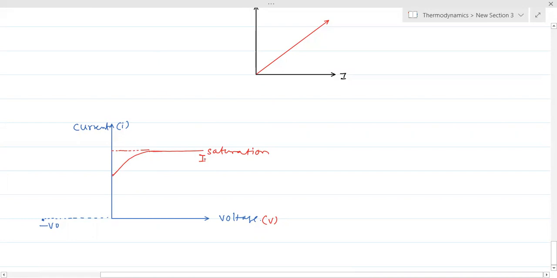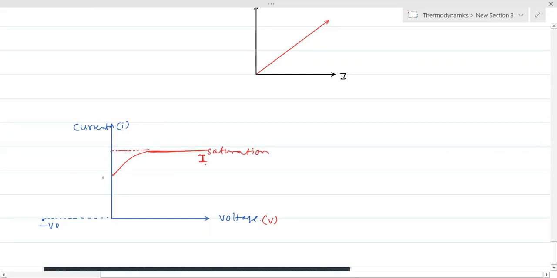We need to understand that for a particular frequency, the photocurrent remains constant. In the beginning we have some lapses, but at the end the photocurrent remains constant as long as you keep the intensity constant.